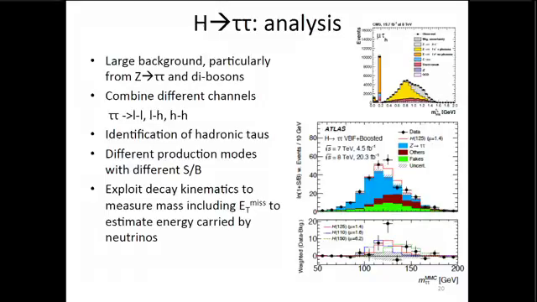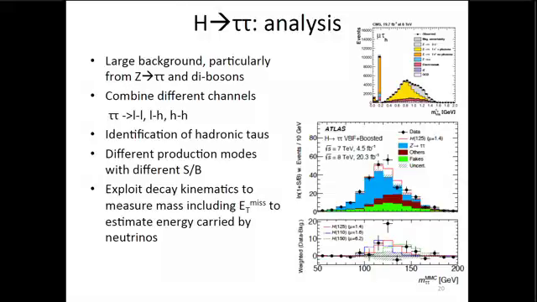This is, for example, a plot from CMS that shows the hadronic taus from Zs, where you see the visible mass of the tau and how well this is reproduced by the standard model expectation. So the experiments have really good identification for taus. Okay.